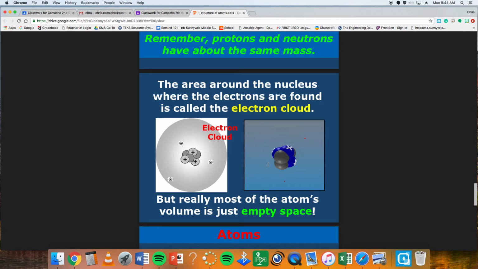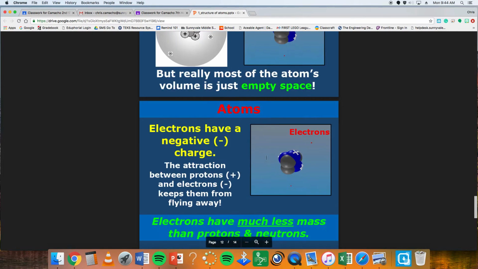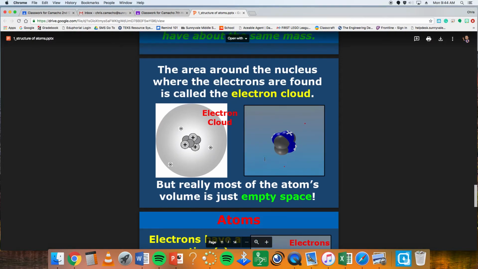But just so you know, most of the volume of an atom is made up of empty space. I want to paint a little picture for you really quickly. Go out in your imagination for a moment. If you were to take a marble and put it at the 50-yard line, dead center at Cowboy Stadium, that's about the size of the nucleus of an atom. And everything else in Cowboy Stadium would be empty space.